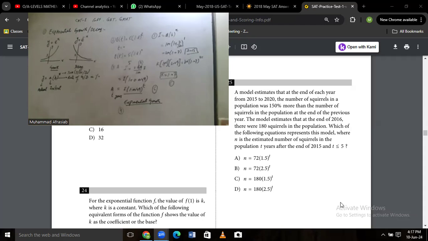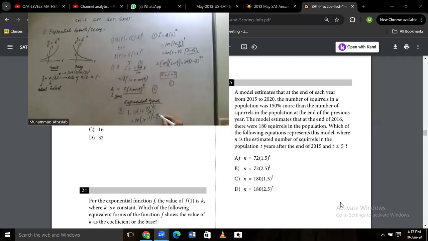Since there were 180 squirrels in the year 2016, and there is an increase of 150% over the year 2015, the population is equal to 180 into 1 plus 150% at time t. So this should be equal to 180 into 1 plus 1.5 to the power of t years.